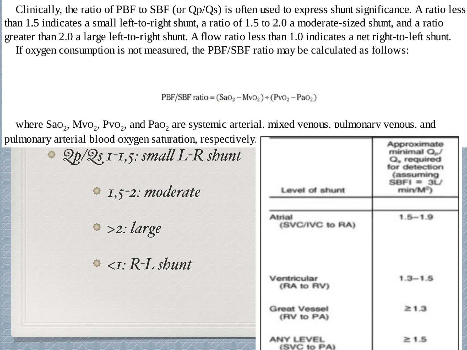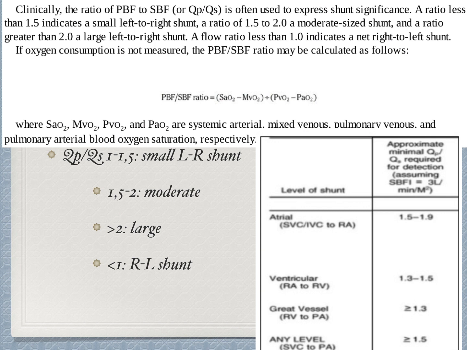Is this an error? No, it is not an error. When you do all this formula and when you cancel all things out, remember there's one formula, there's one ratio over and not dividing itself by another ratio. When you combine all variables, the systemic oxygen consumption ends up above the pulmonary oxygen consumption. Pause the video and do this manually or look up the whole calculation formula and you'll see that it makes sense.